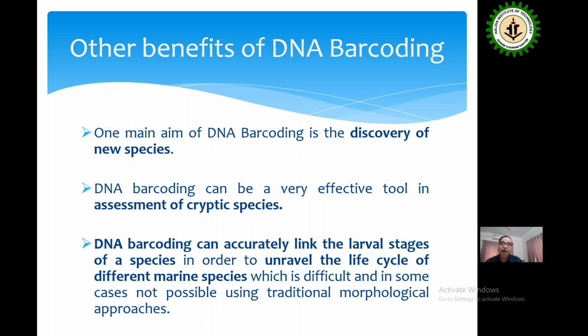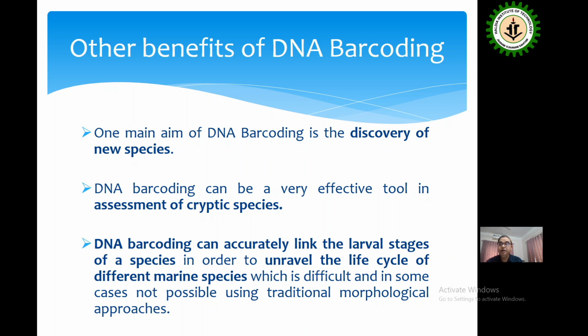Now coming to another point, just imagine the marine ecosystem. It is a huge ecosystem covering more than 2/3 of our planet. So DNA barcoding can accurately link the larval stages of the species in order to unravel the life cycle of different marine species.